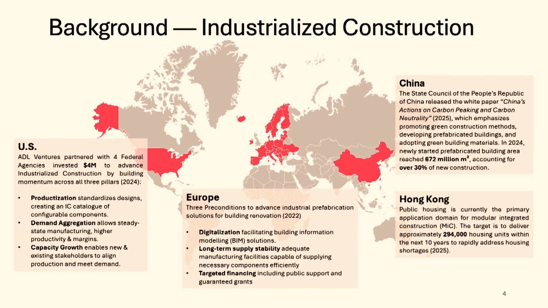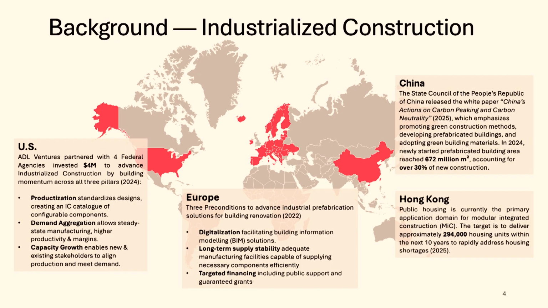Across the world, we see all the economic bodies are trying to figure out the most effective and sustainable approach for the construction industry. In the United States, there is investment raised for the initiative in industrial construction, focusing on productization, demand aggregation, and capacity growth.